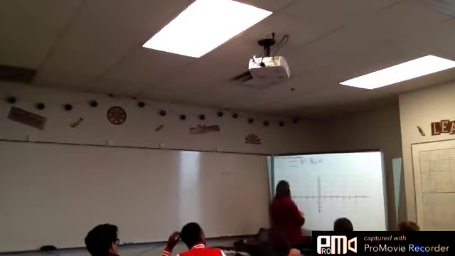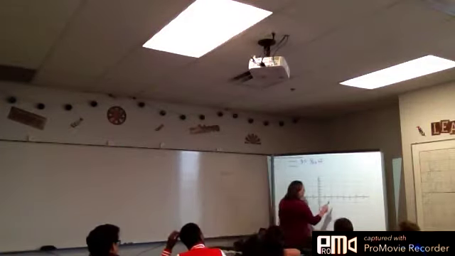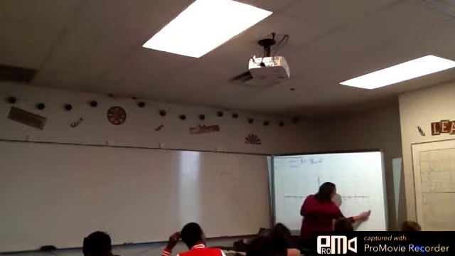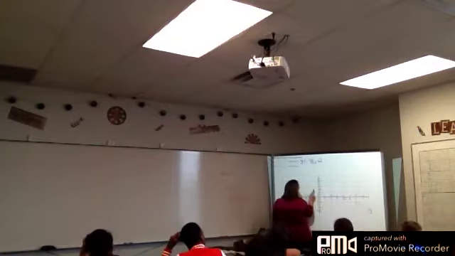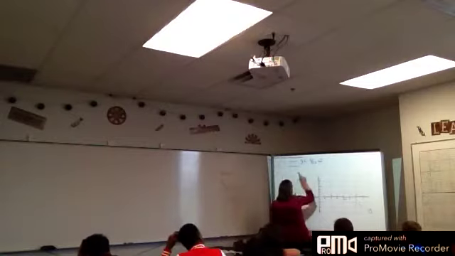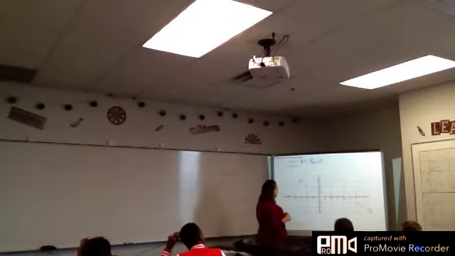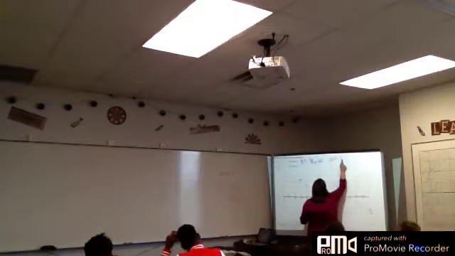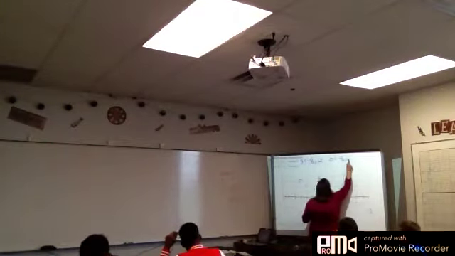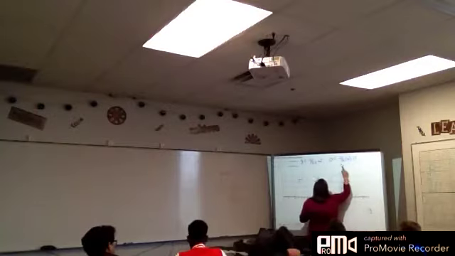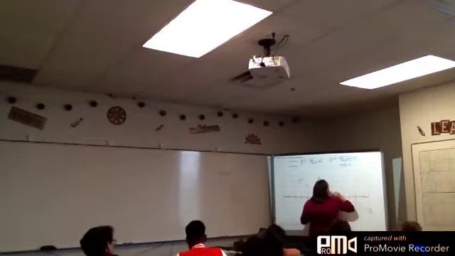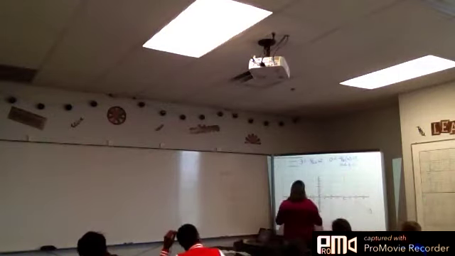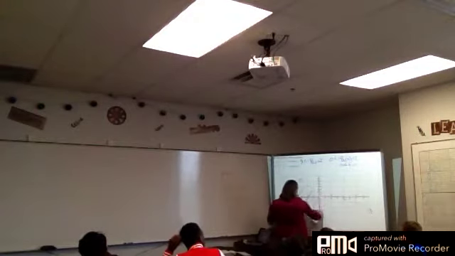Dotted or solid? Dotted. Remember, yours will be prettier. Plug in 0, 0. So 0 is less than negative 2/3 times 0 plus 2. Is 0 less than 2? Yes. So shade down.